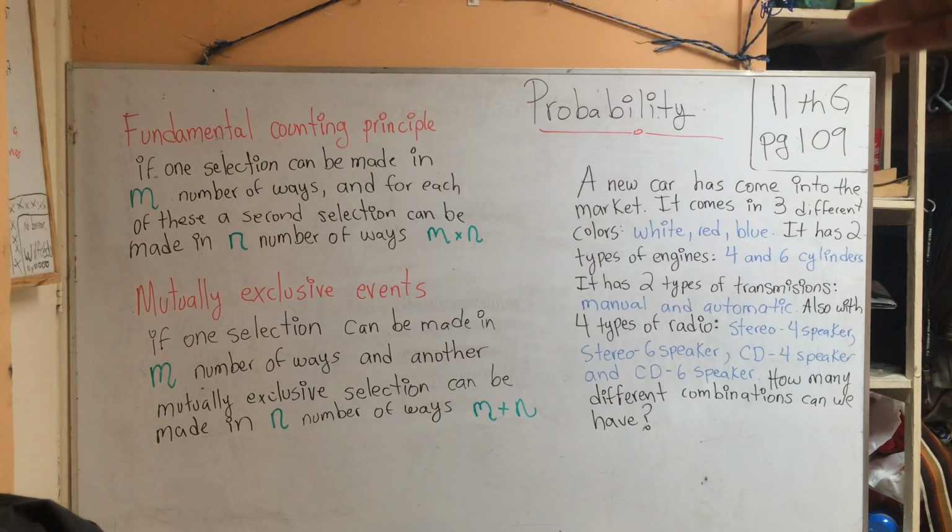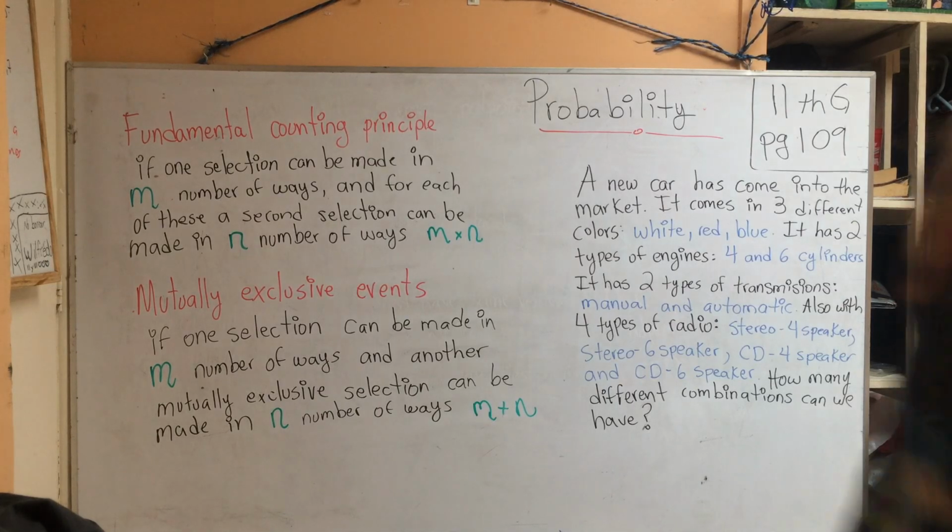Instead of just m and n, we have m, n, p, and q. m is the colors: white, red, and blue. n is the cylinders, 4 and 6, which means 2 options. p is the transmissions, manual and automatic, 2 options. And q is the radio, which has 4 options. So we have 4 different factors for counting the combinations for this car.